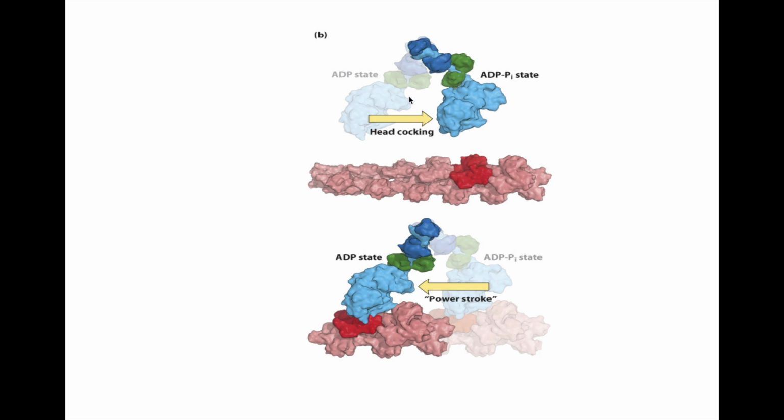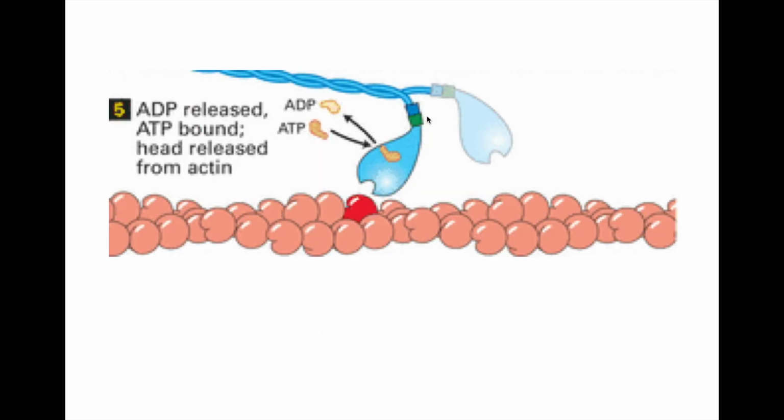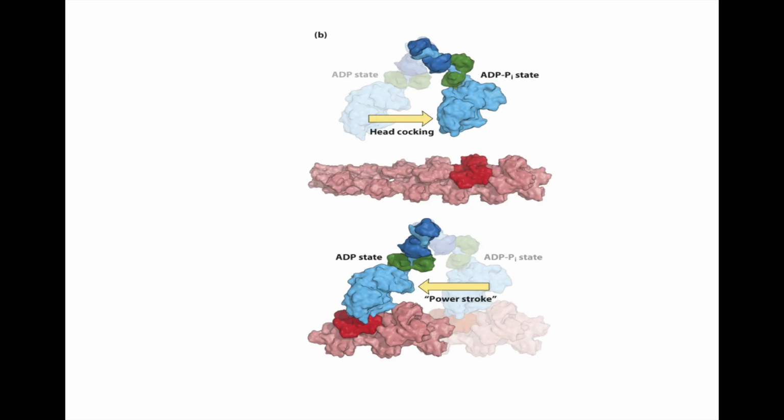Here are some more fancy diagrams other than these cartoons, in that you actually get the shape of these molecules. So here is just a myosin head with its lever arm there, and when the head gets cocked, this is after ATP has been bound and it got released from the actin fiber.